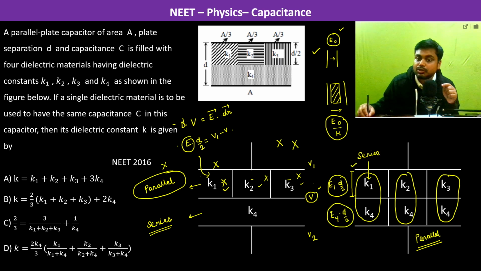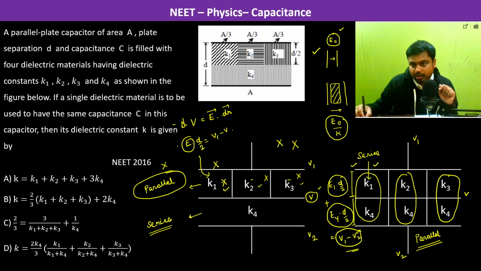Here potential is V1, here V2, here V. Both of them should add up, and the change in potential should be V1 minus V2. For this there is no doubt for all of the three. So the first approach is not going to work.